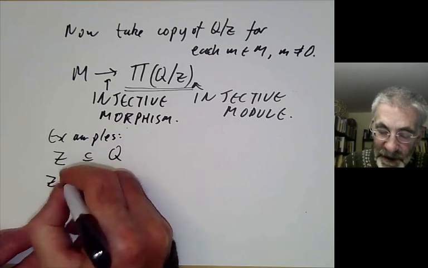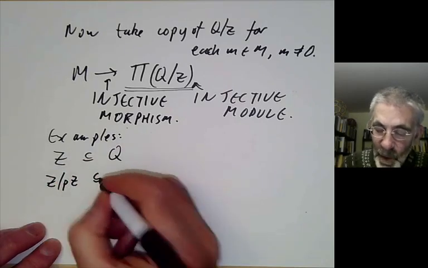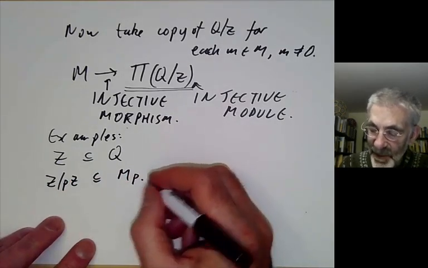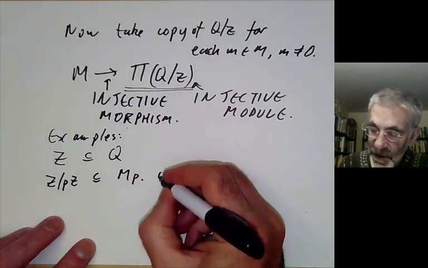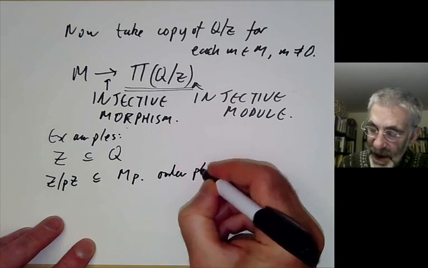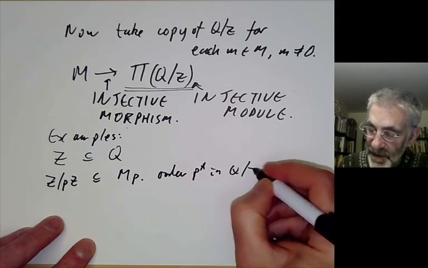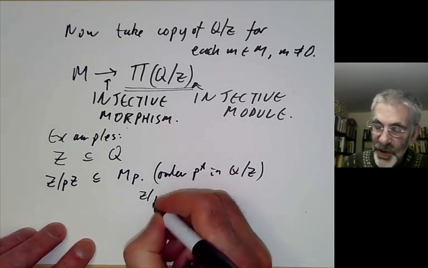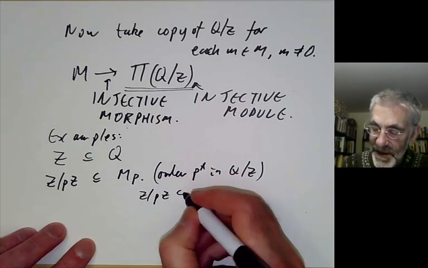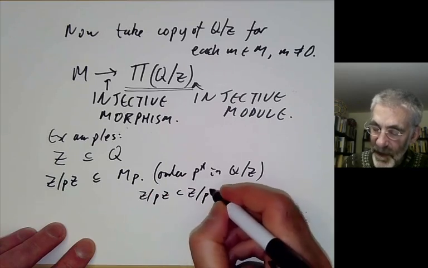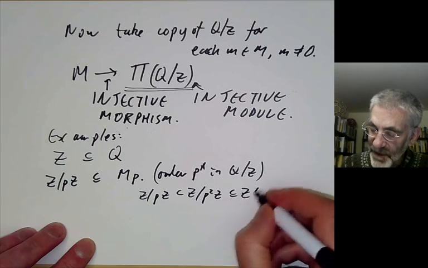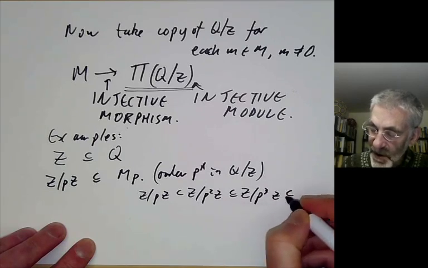If we've got the integers modulo p, we can embed it into this module M_p that we had earlier. You remember M_p was the elements of order a power of p in Q/Z. And M_p has a subgroup of elements of order p, and this is contained in a cyclic subgroup of elements of order p squared, which is contained in elements of order p cubed, and so on.